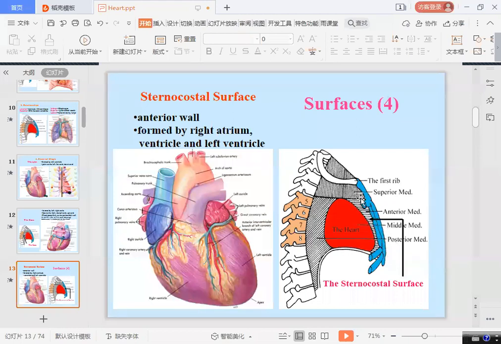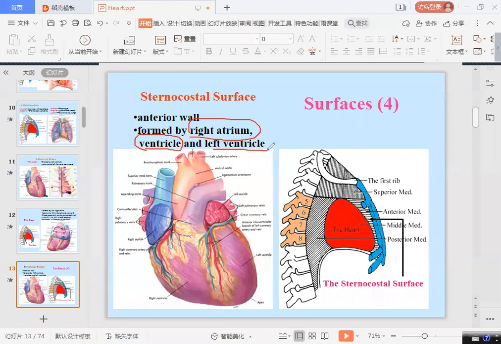We also call it the anterior wall of the heart, and this sternocostal surface is formed by the right atrium, the major part of the right ventricle, and some part of the left ventricle. Not all of the left ventricle is present anteriorly.